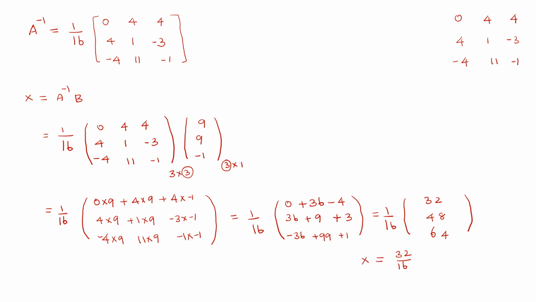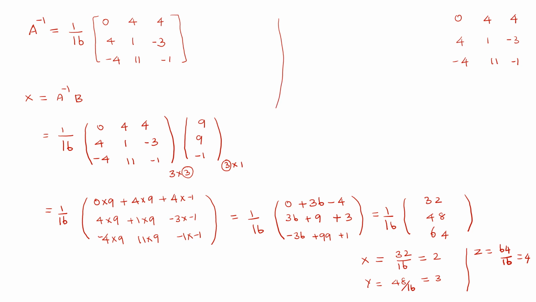That is the x value: x equals 36 divided by 16, and the y value is 48 divided by 16, and the z value is 64 divided by 16. So 32 divided by 16 is equal to 2, 48 divided by 16 equals 3, and 64 divided by 16 equals 4.